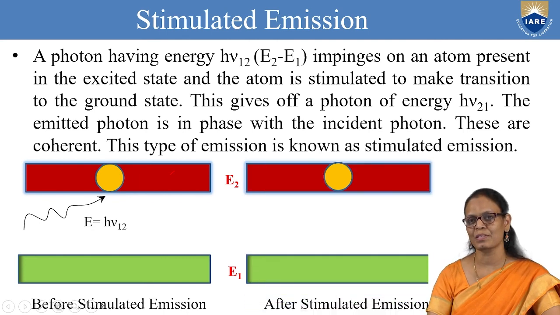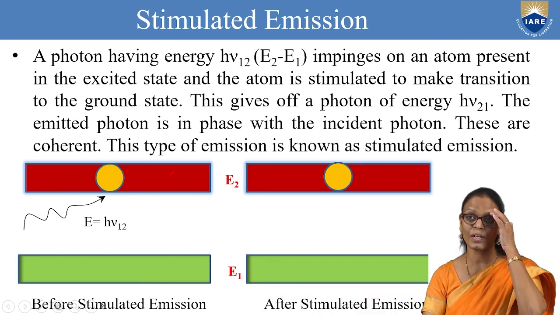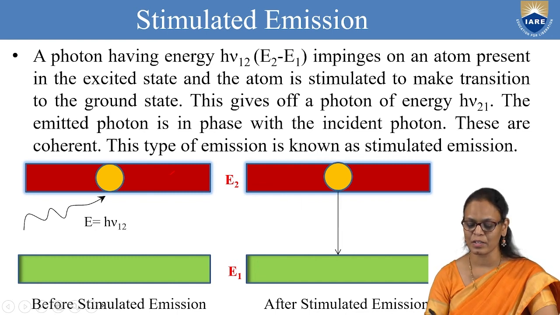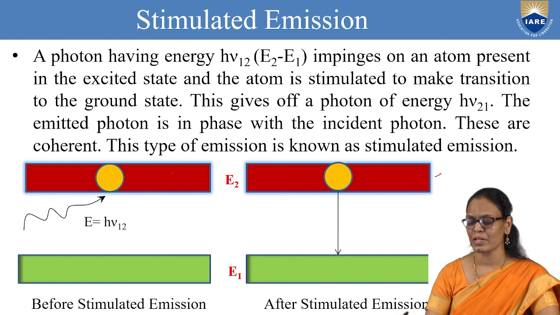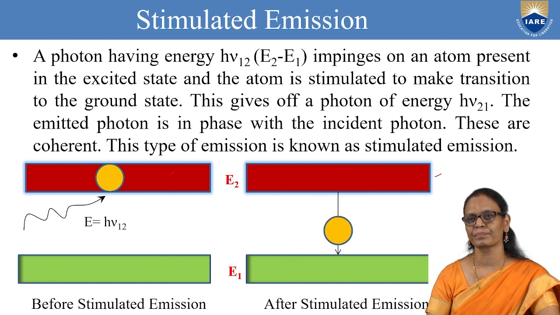Now what happens after stimulating? What is happening here is this atom which is in the excited state is going to come down. And then what is happening? Energy is emitted.